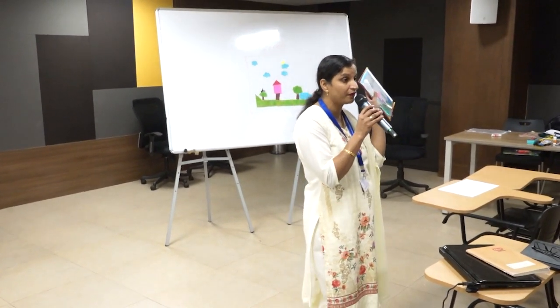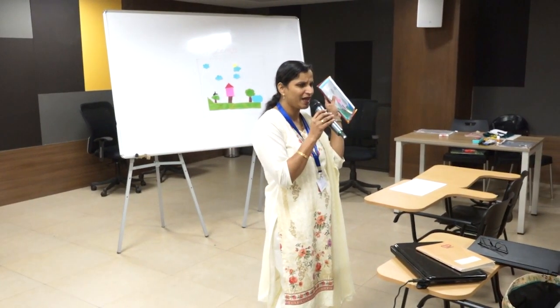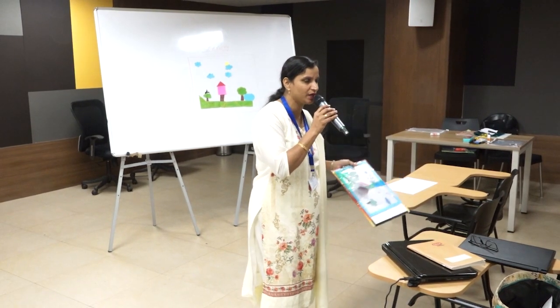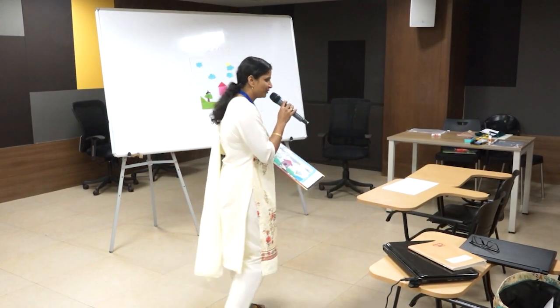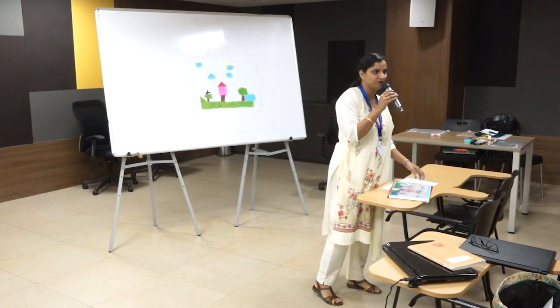That means it should be in different locations. We cannot place all the objects in one place. Can we go back to the 6th standard regular curriculum? Do you remember anything we have learned where placement plays a very important role?